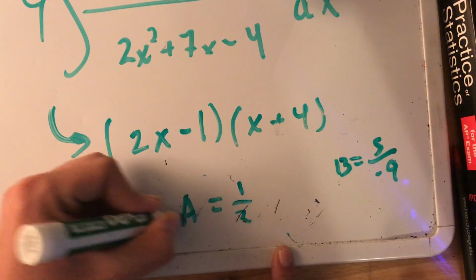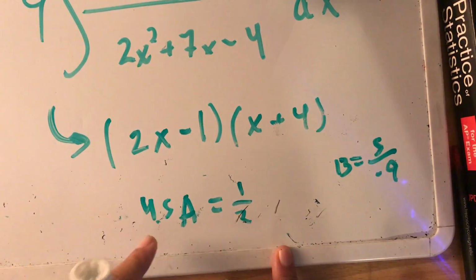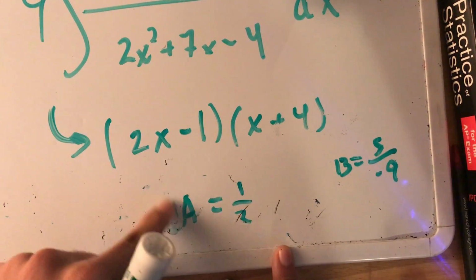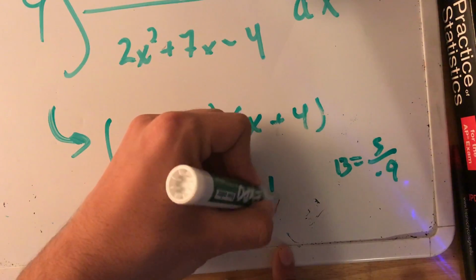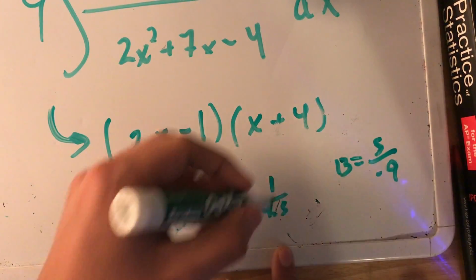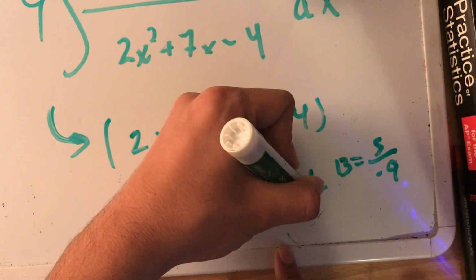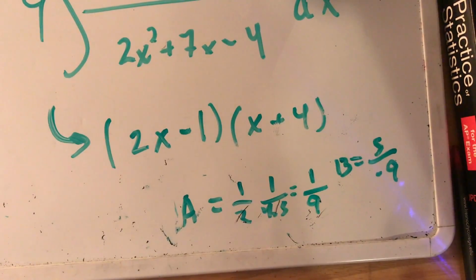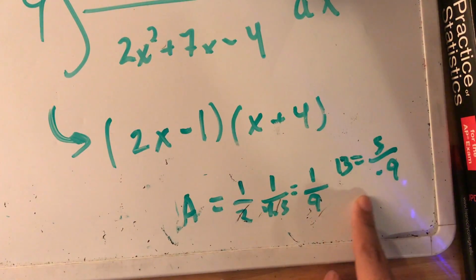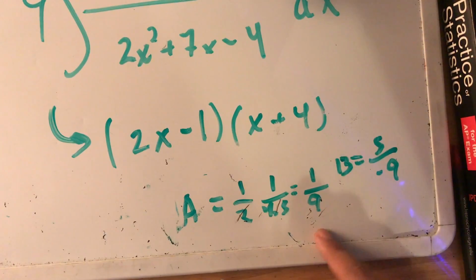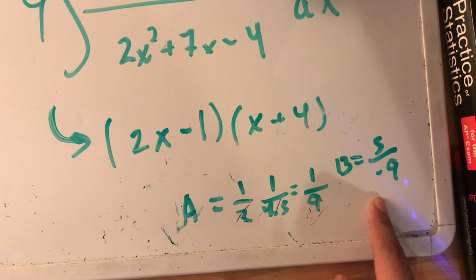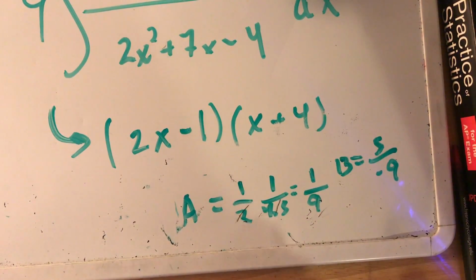You'll get a, you'll get 4.5, and then what you do is you divide both sides by 4.5, so 1 over 4.5, wouldn't you know it, this times this, you get 1 over 9. And this plus that is not 1.